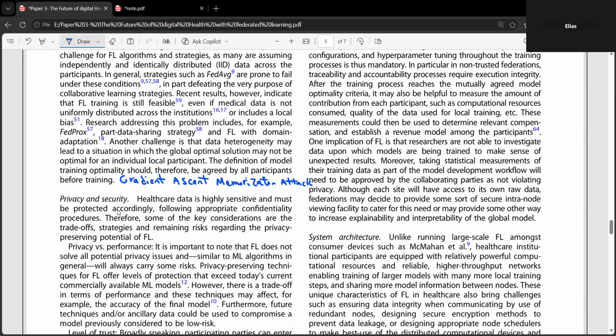That is when a rogue or malicious node or hospital can intentionally craft malicious local updates that force the global server to memorize the private features of other hospitals' patients. So, do you trust the other hospitals to be sharing good models or malicious updates? That's something to keep in mind.